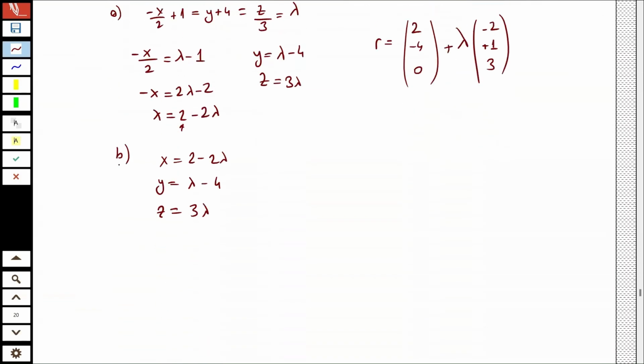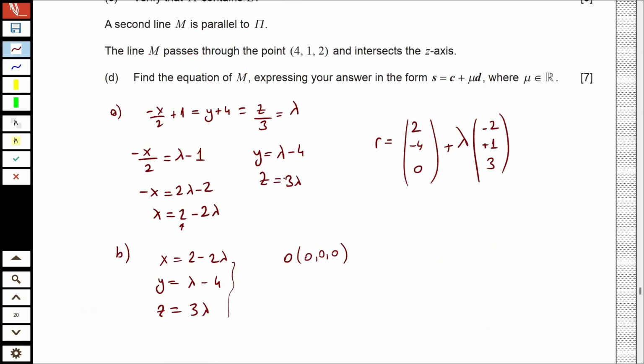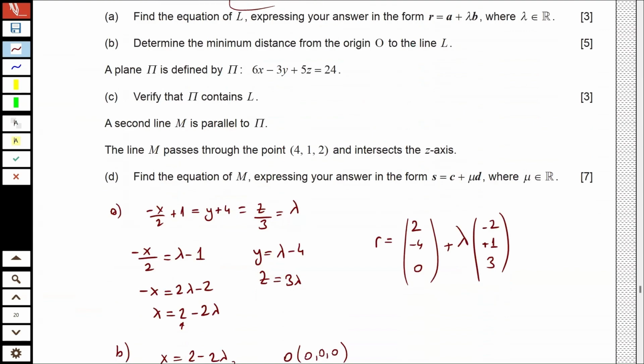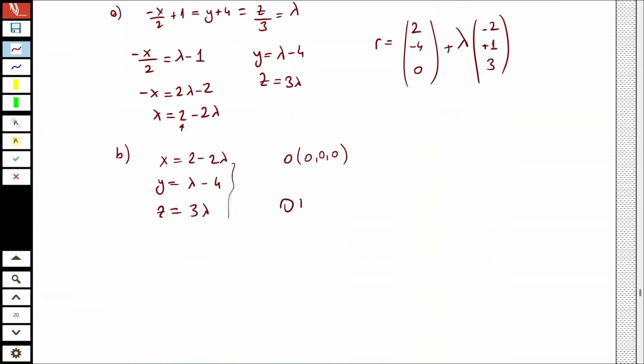If there is a point on the line, it should be like this. And we know that the origin is 0, 0, 0. In this case, the distance between O and L is the square root of (2 minus 2 lambda) squared plus (lambda minus 4) squared plus (3 lambda) squared.